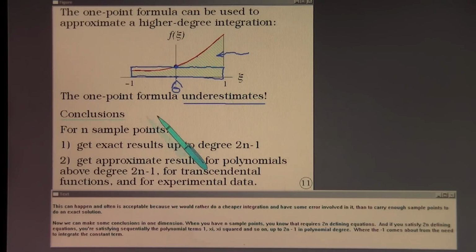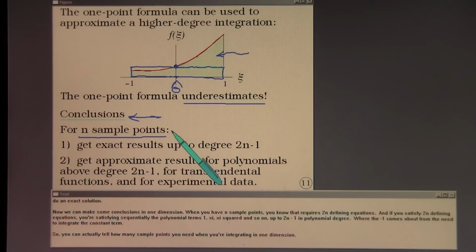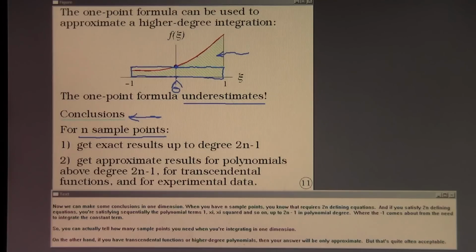Now we can make some conclusions in one dimension. When you have n sample points, you know that requires 2n defining equations. And if you satisfy 2n defining equations, you're satisfying sequentially the polynomial terms 1, xc, xc squared, and so on, up to 2n minus 1 in polynomial degree, where the minus 1 comes about from the need to integrate the constant term.